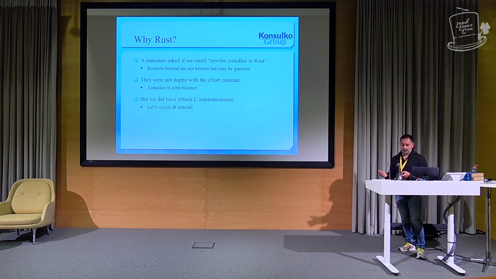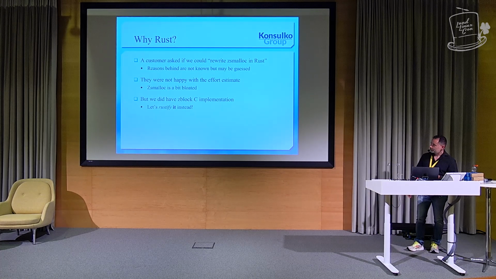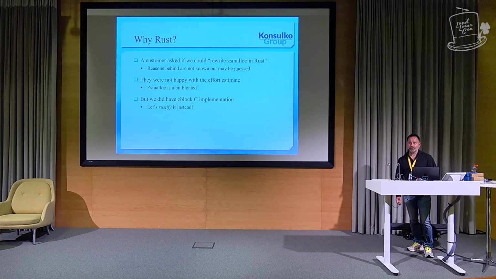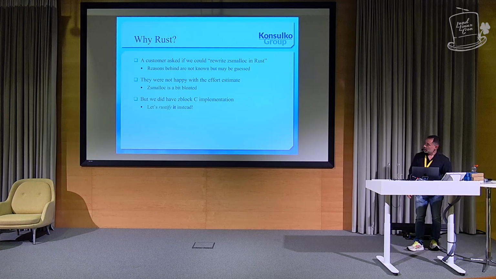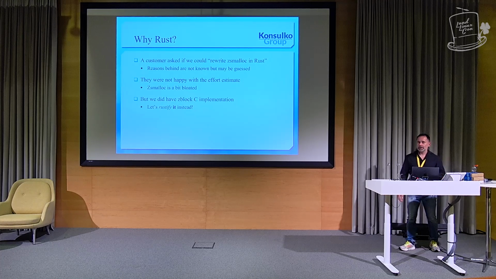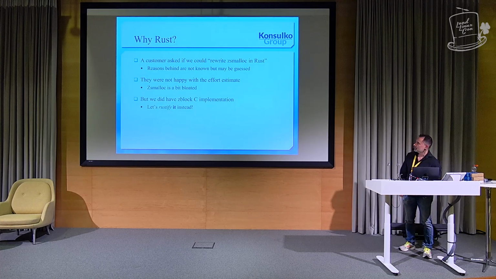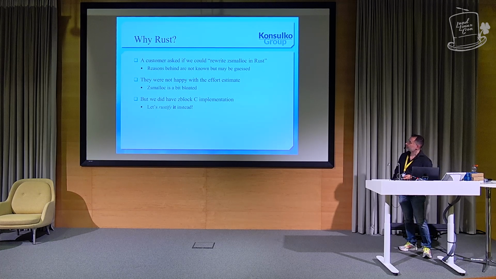And the second thing, which is maybe even more important, is that it's actually simpler. Zsmalloc is a huge pile of code written by many people, and Zblock is like 5 times smaller when it comes to source code size. So we said, we're going to make a prototype and we'll see how it goes. If you like it, we'll do the rest of the work, because we were also interested in trying Rust.